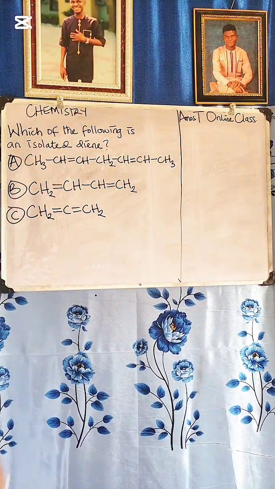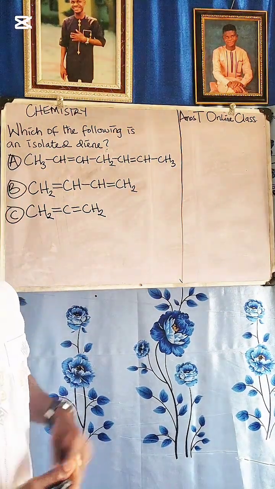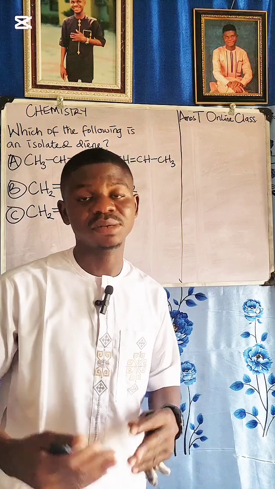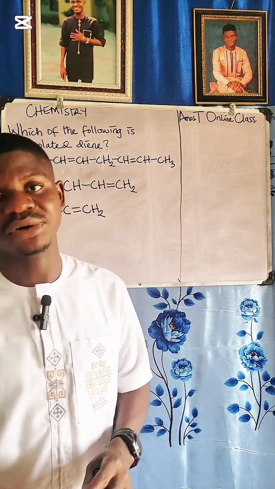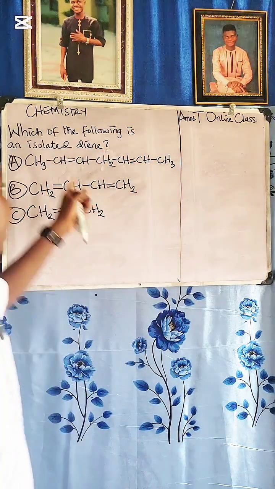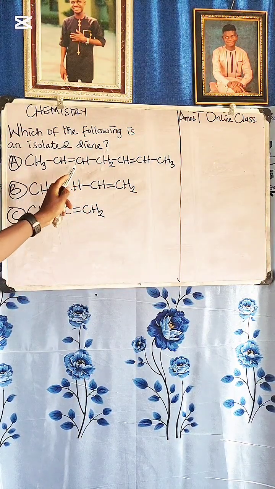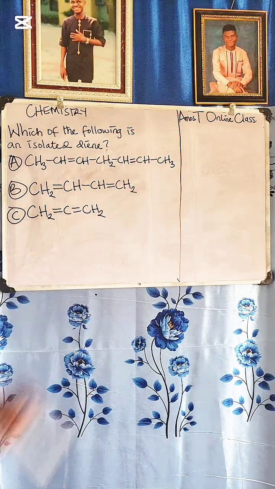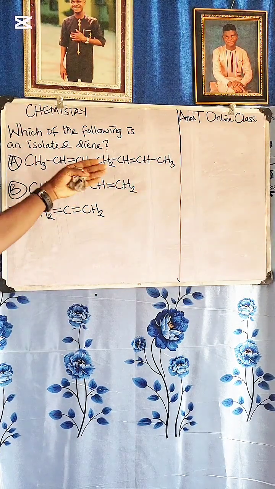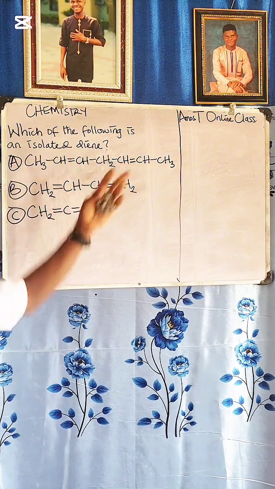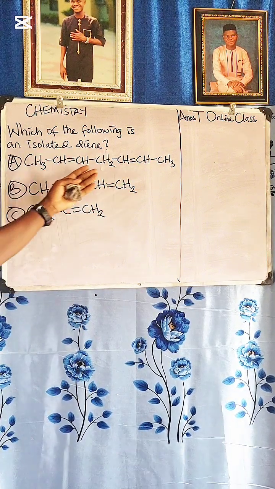Let's quickly identify an isolated diene. Remember, in an isolated diene, the double bonds are separated by two or more single bonds, or in essence, by a methylene group. Let's consider option A. There is a double bond here and a double bond on the other side, and between them we have two single bonds separating the double bonds.